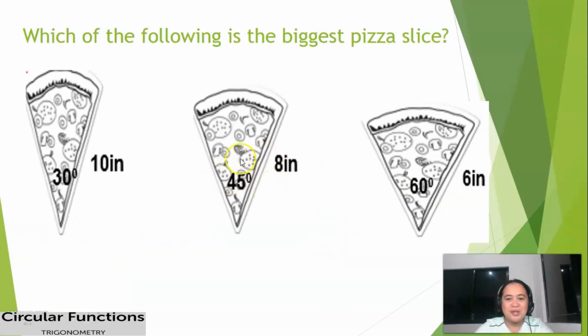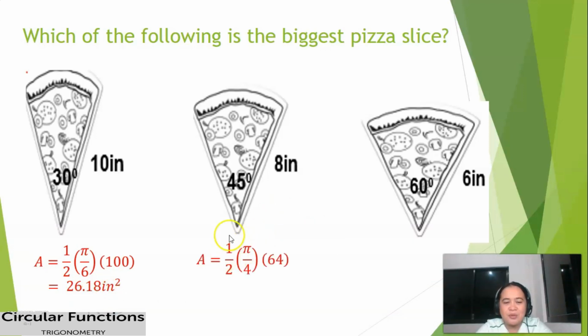Now which of these is the biggest pizza slice? To do this, we will use area of a sector, which is 1/2 theta r squared. So 1/2, 30 degrees is pi over 6, r squared is 10 squared, so 100. Simplifying, it's 26.18 inches squared. Now for this one, that would be 1/2, 45 is pi over 4, 8 squared is 64, and simplifying, that would be 25.13 inches squared.